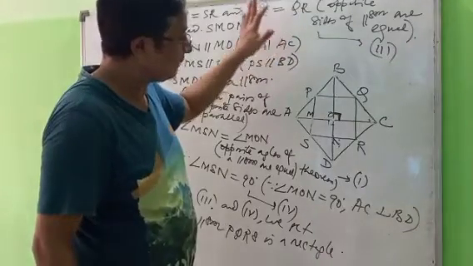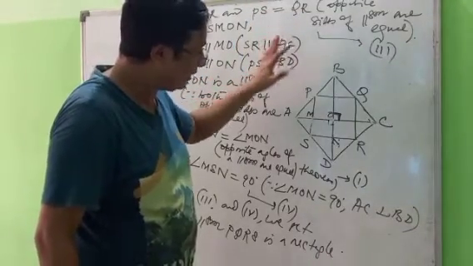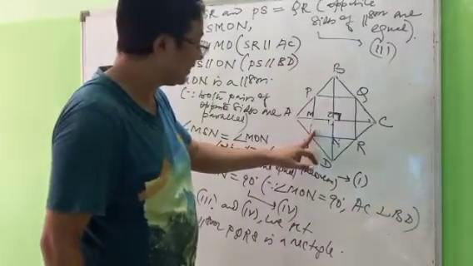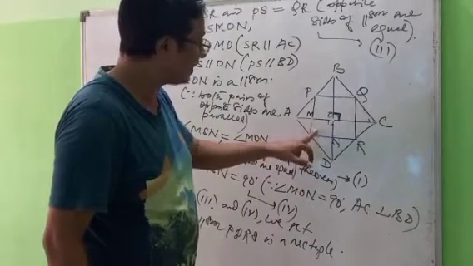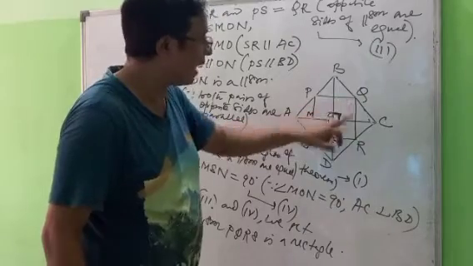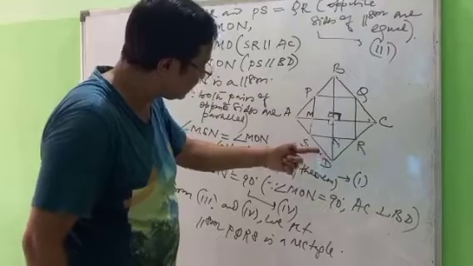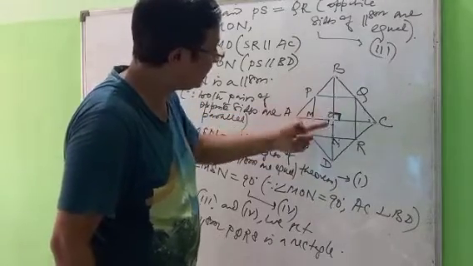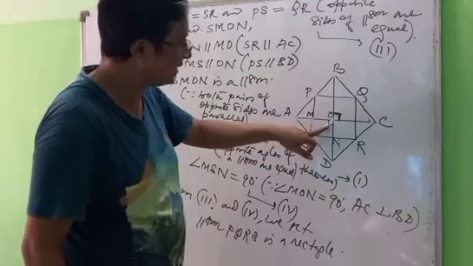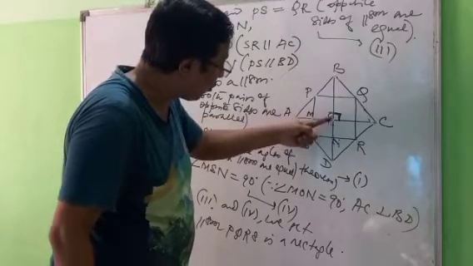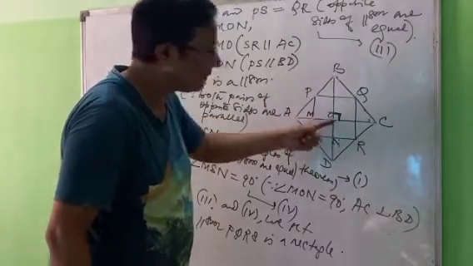Now to make a rectangle, you will have to show one of the angles 90 degrees. So for this you have to make either P, Q, R or S 90 degrees. So now this is a rhombus. So here the diagonals AC and BD meet at 90 degrees. So you have made this SMON a parallelogram.